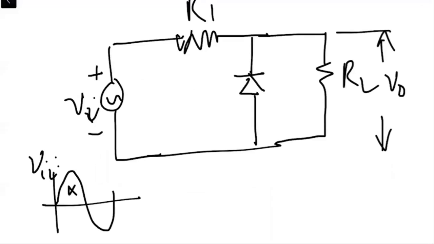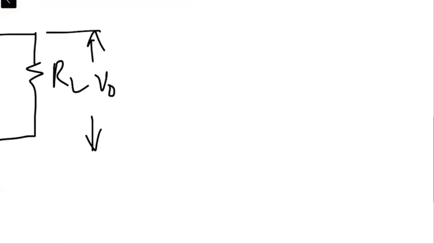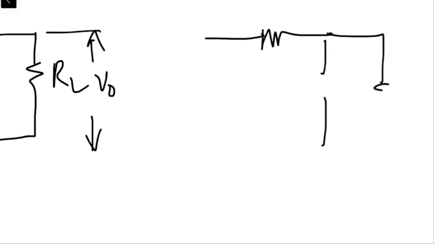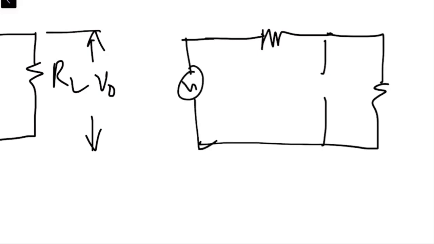In that specific case, again, the diode will become reverse bias. When the diode becomes reverse bias, it will behave as an open switch. So the situation is something like this: Vi, positive, negative, R1, RL, and the diode is behaving as an open switch.